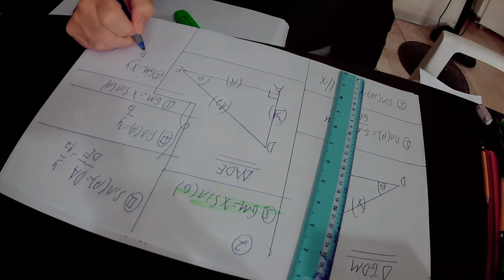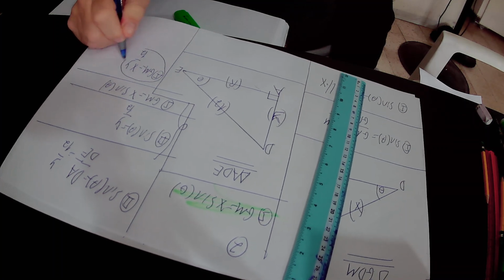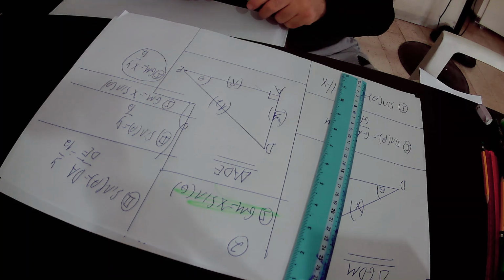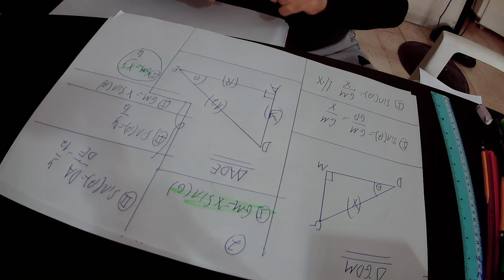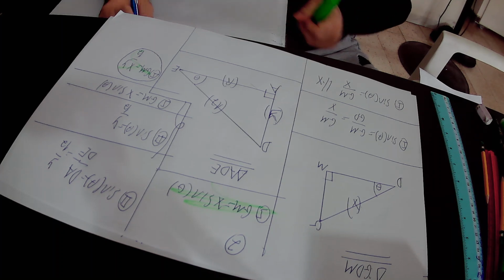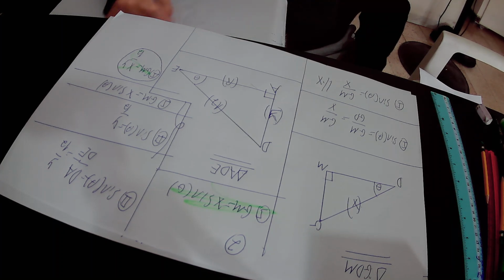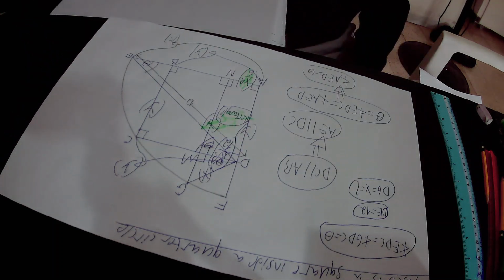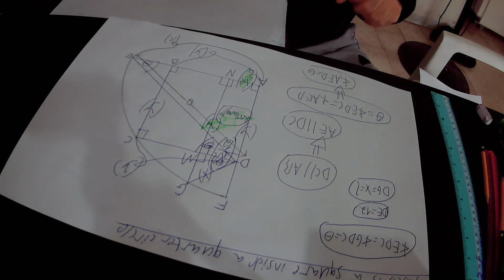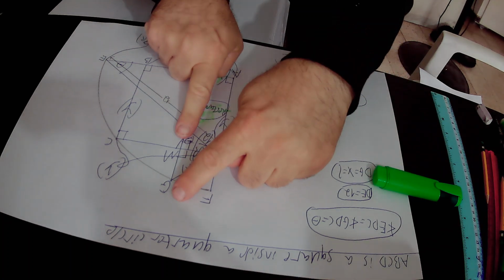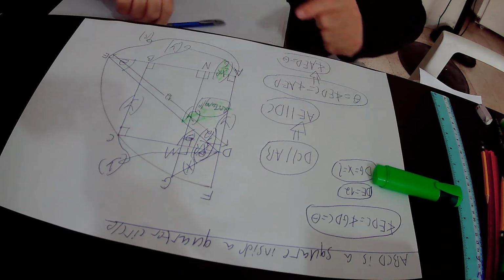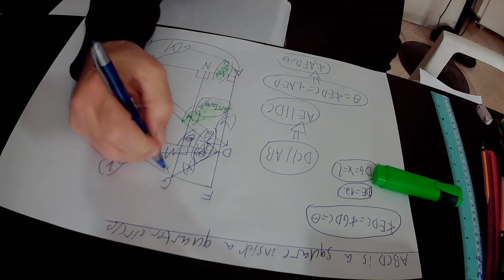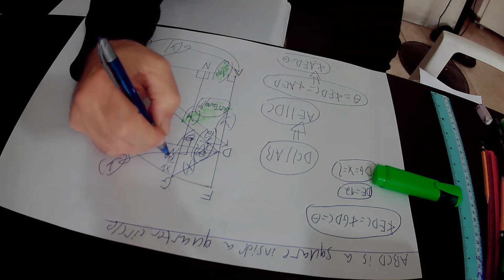So in total we found out that GM equals xy over 12. So this is side GM, and it is equal to xy over 12.